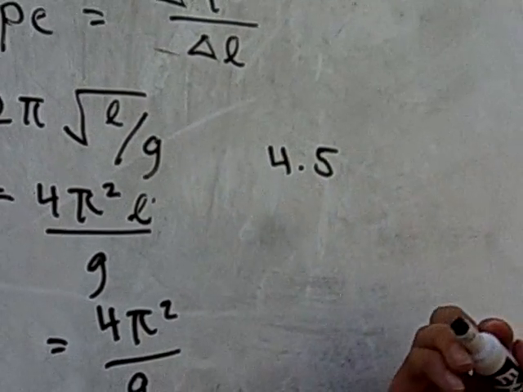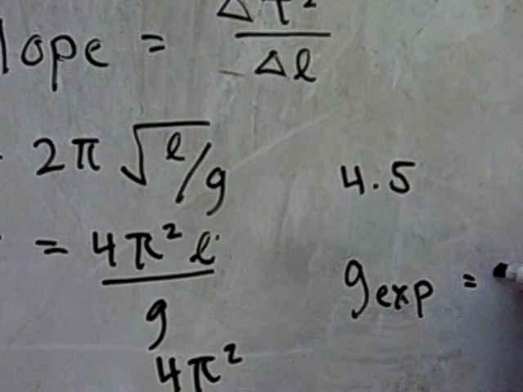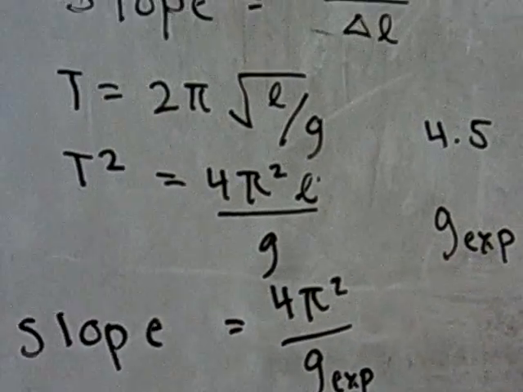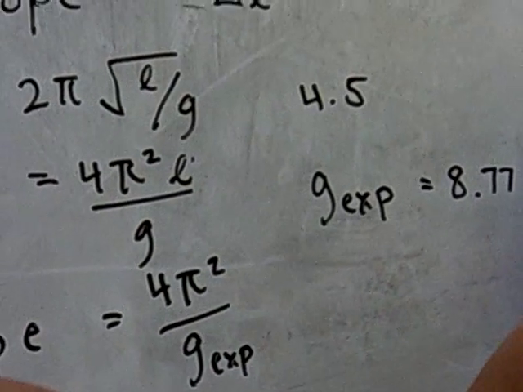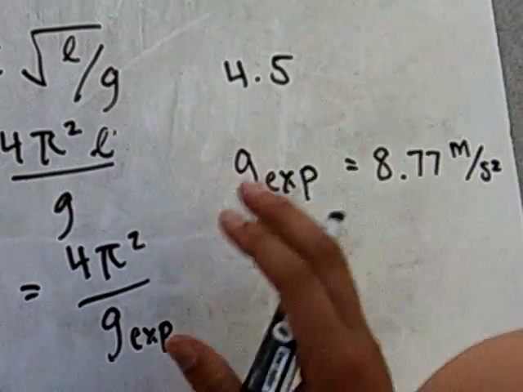So if you plug in 4.5, then your g experimental should approximately come out to 8.77. This is all just approximation though, so your answers can vary, but it should be around these values. So we're not going to need this chart anymore.